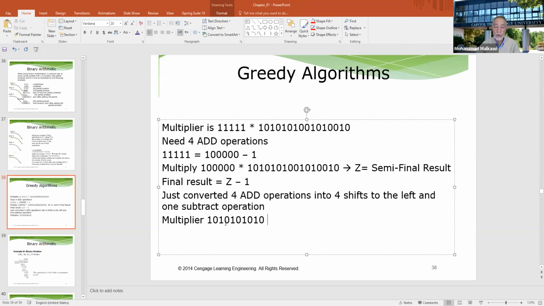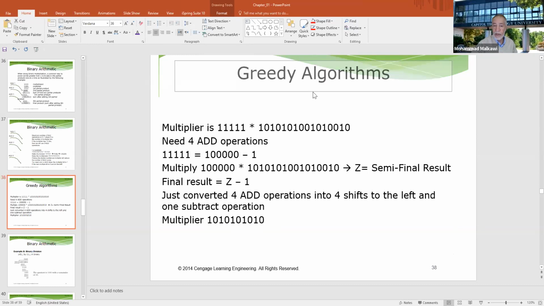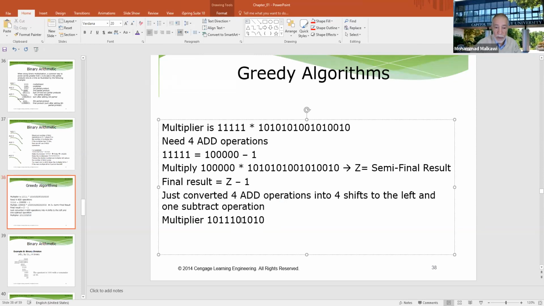If you want to convert this to subtract from the binary number, this is going to be 2, 4, 8, 16, 32, 64, 128, 256, 512. So this is 512 minus this number, and you are going to get the same number of ones anyway. And of course, as I said, the greedy algorithm says, no matter how much I can save, if I have here this one and this is a 1, I'm pretty sure I am going to save if I do the subtract.